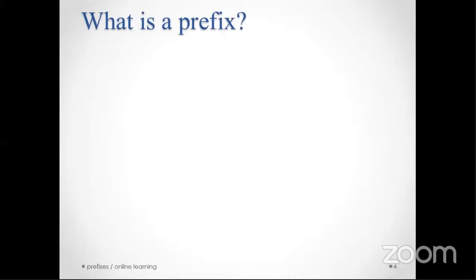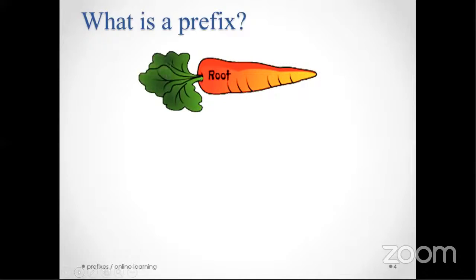Now think of a carrot. You will be able to see a carrot here. This is the root part of the carrot, and these are the leaves. You will be able to see these two parts in the carrot.